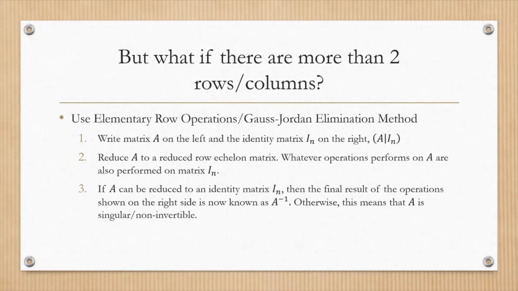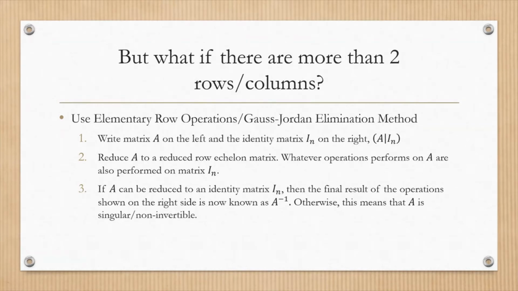In other words, the identity matrix that was originally put on the right side, with the values at the end of the reduction, is now known as the inverse for that matrix. If A cannot be reduced to an identity matrix, this means that A is singular or non-invertible.